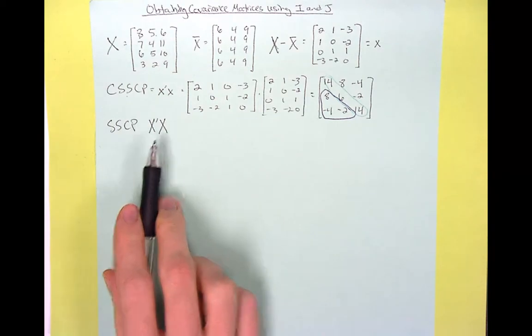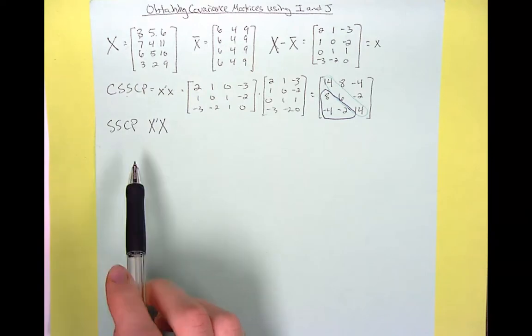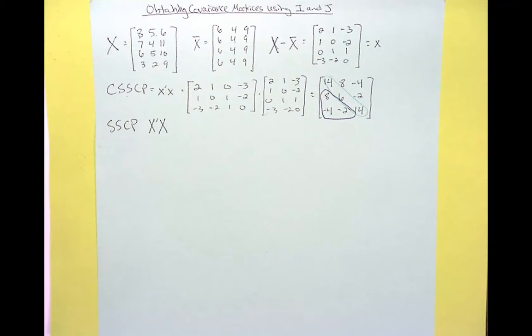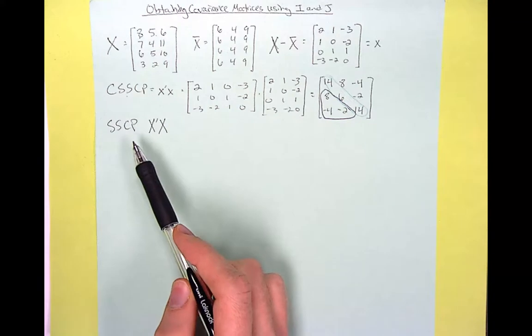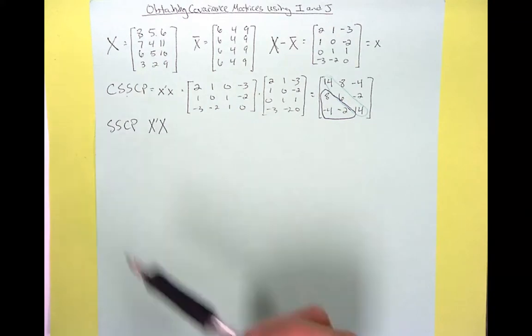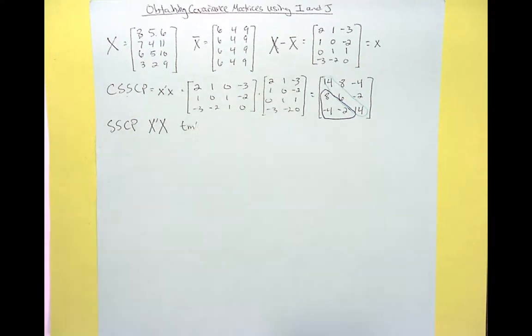So this is not centered because it's not created from deviation scores, and like I said, we can calculate the centered sum of squares and cross products matrix by taking the raw matrix and subtracting a matrix from it that corrects for the mean. And we'll actually do this with T and the transpose of M and get a more accurate result.